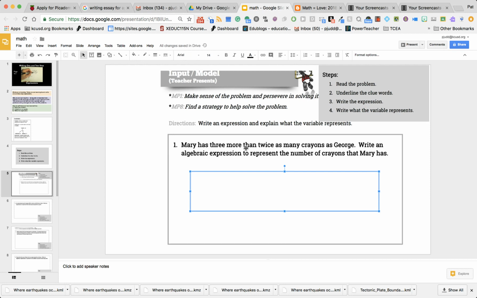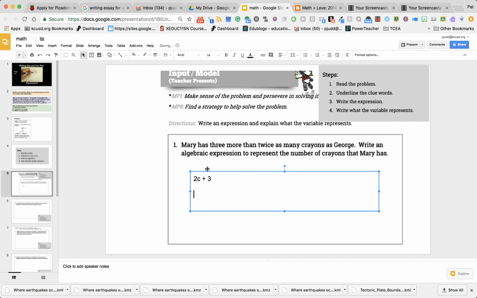3 more than. More than means I'm going to be adding 3 to something. More than twice as many crayons as George. So I don't know how many crayons George has, but I know that Mary has twice as many or 2 times as many. So I'm going to translate this to 2C plus 3.